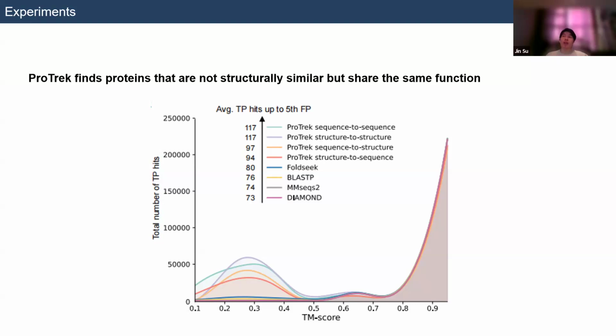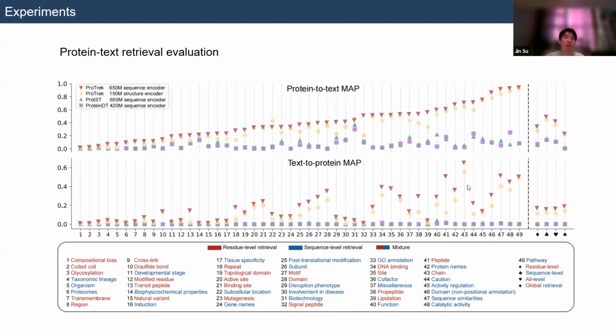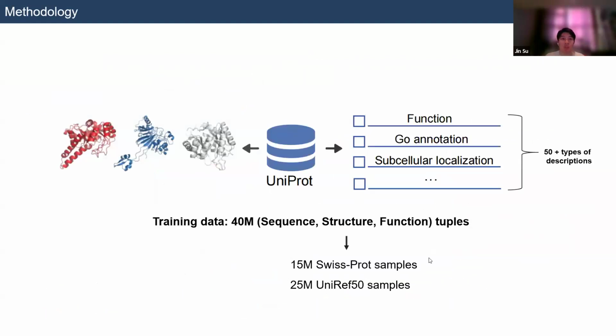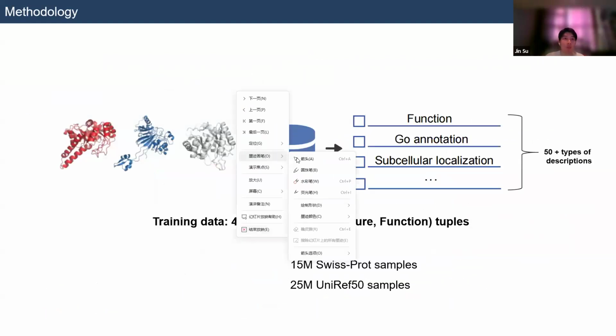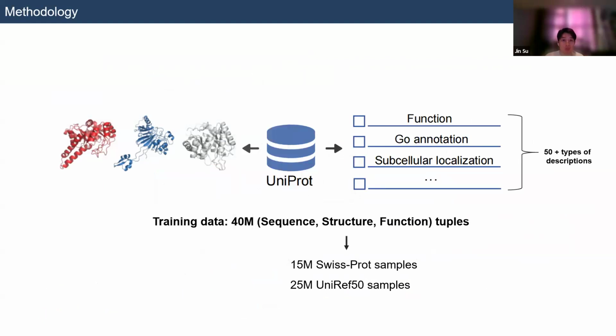Yes, actually, we extract the functions from both the SwissProt and TrEMBL databases, and we also know that the annotations from the TrEMBL database are not reliable. So we first use these 15 million samples to train the first version of ProTrek, and then we use ProTrek to filter out samples from TrEMBL.